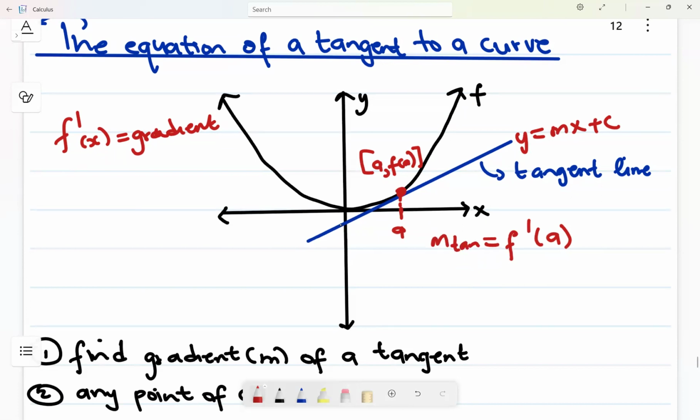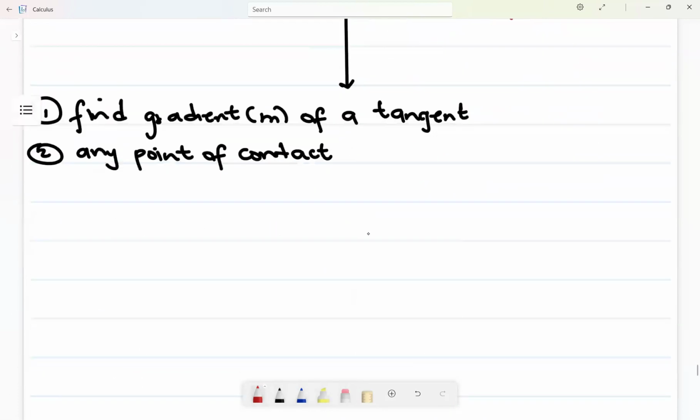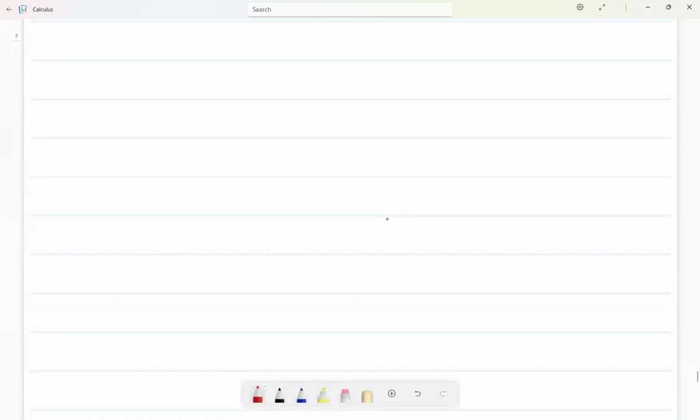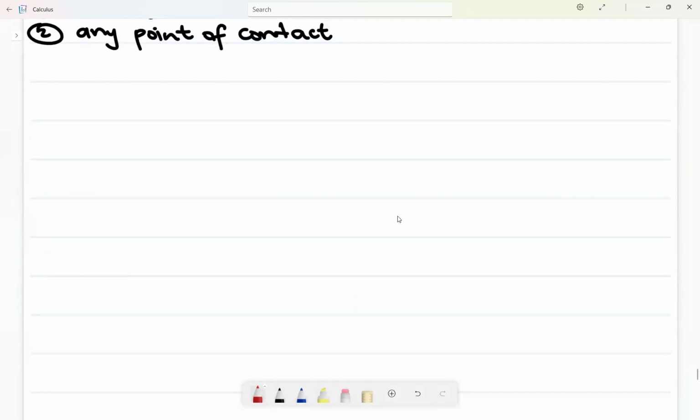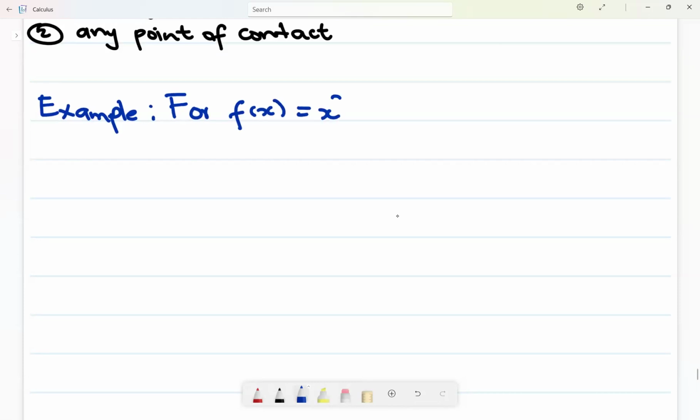Of a tangent. Okay, now let's have an example. Let's have an example. Now, example. Okay, for f of x, it is equal to x squared plus x.